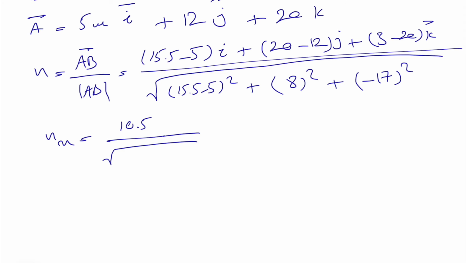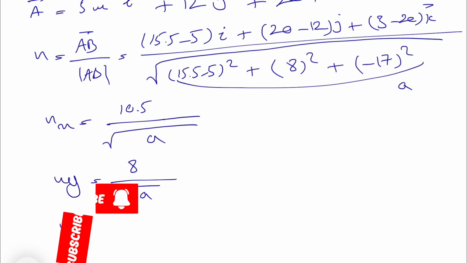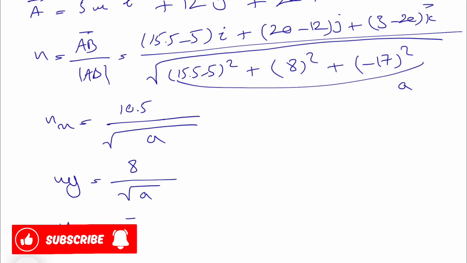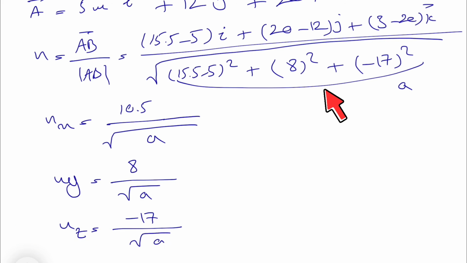And from here, for each of the components of n, we have to divide. So for example, if we want to find nx, we simply have 10.5 over the whole ratio that we have in here. Let's call this a. So nx is 10.5 divided by the square root of a, ny would be 8 divided by square root of a, and nz will be minus 17 divided by square root of a.